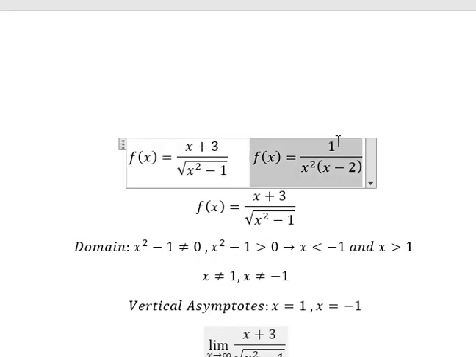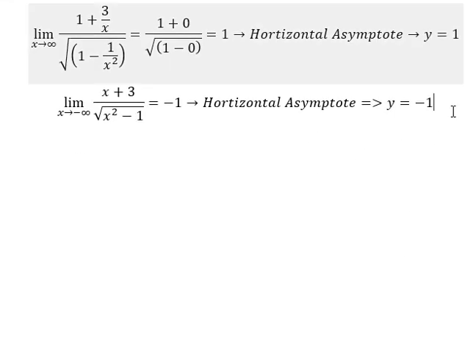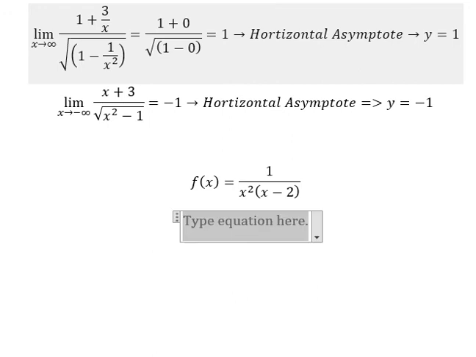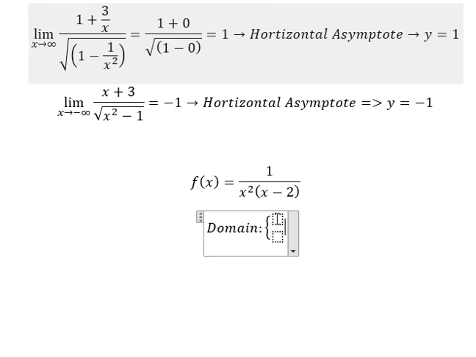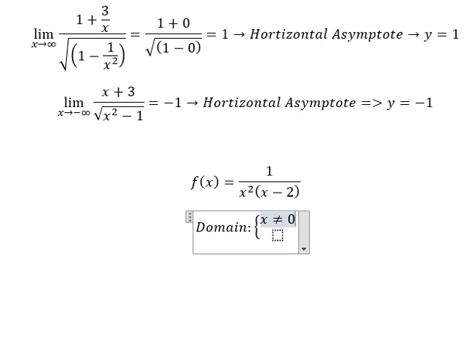Now let's go to the second one. We need to find the domain here. So in this situation, x cannot equal 0 and x minus 2 cannot equal 0.